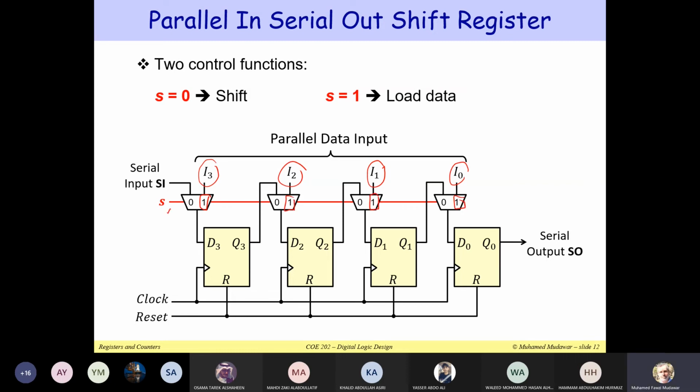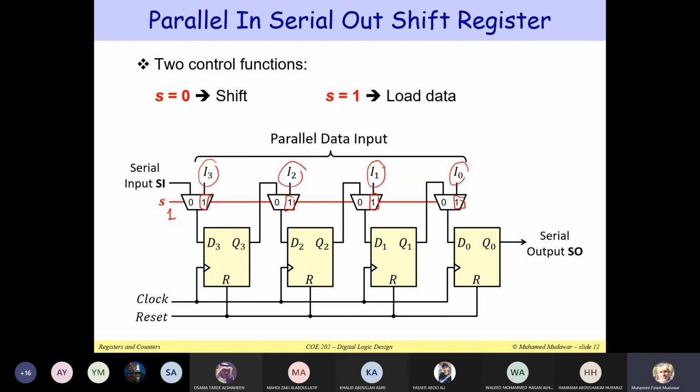So if S is equal to 1, I'm going to select I3, I2, I1, and I0 and connect them. Basically the multiplexer is going to wire these inputs to D3, D2, D1, and D0, and at the rising edge of the clock, all the outputs change at the same time. So this is a parallel load. We are loading the data.